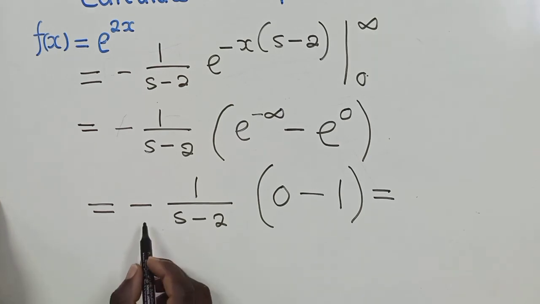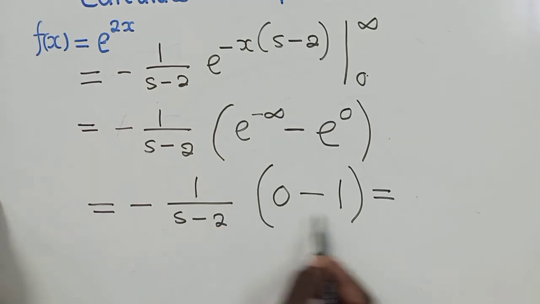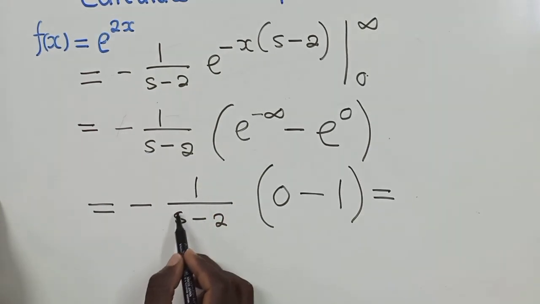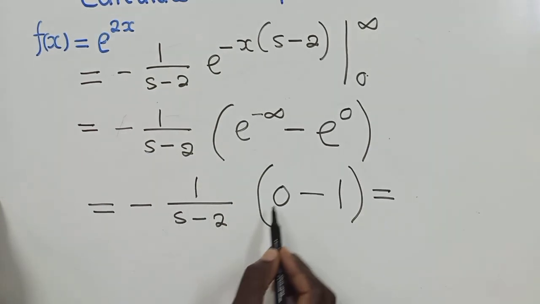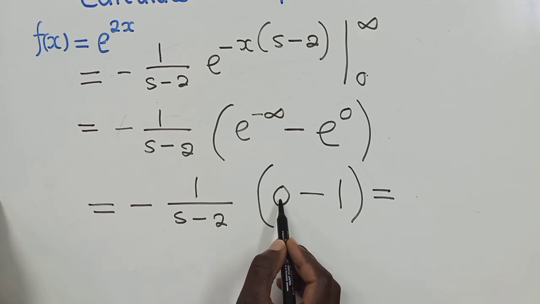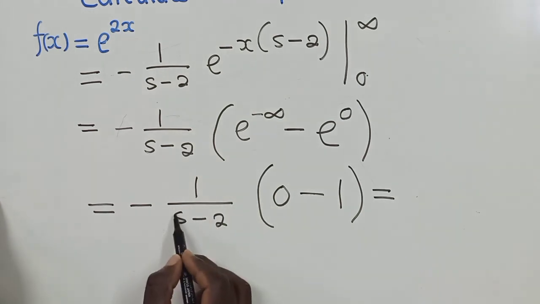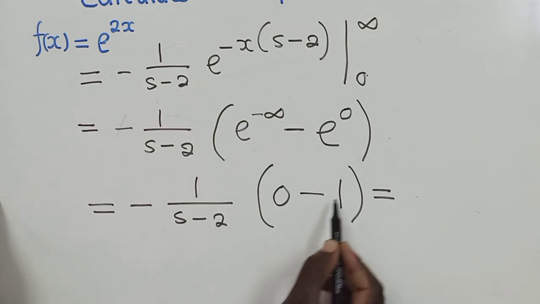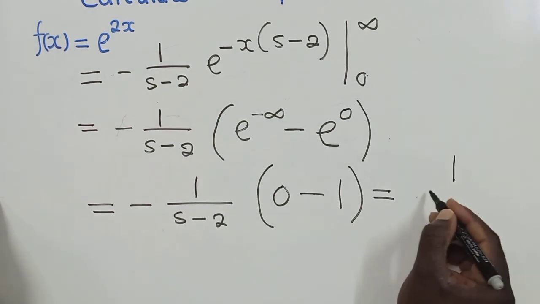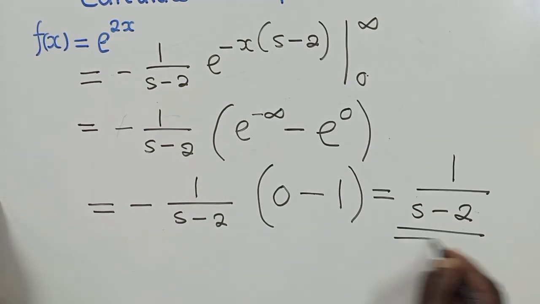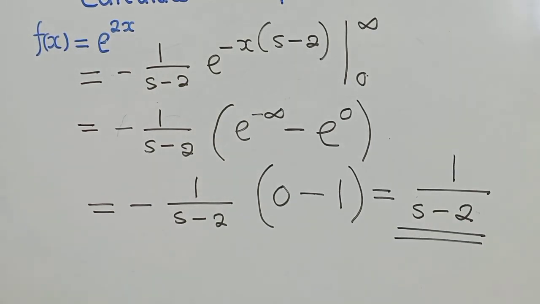Such that when we multiply, we have these brackets: negative 1 over s minus 2 multiplied by 0 will just give us 0. Negative and negative is positive. 1 over s minus 2 multiplied by 1, the answer will be 1 over s minus 2. This is our answer.